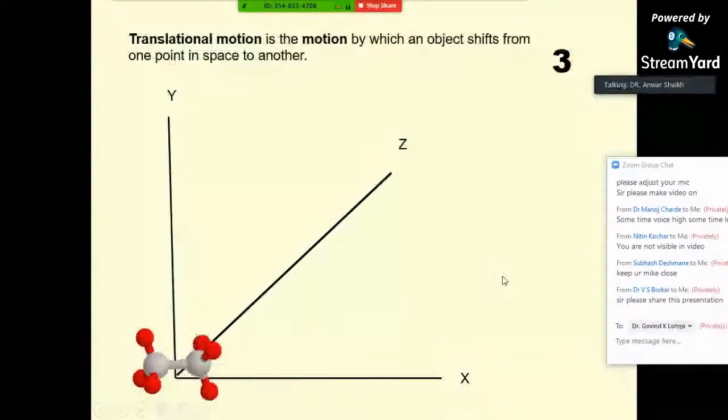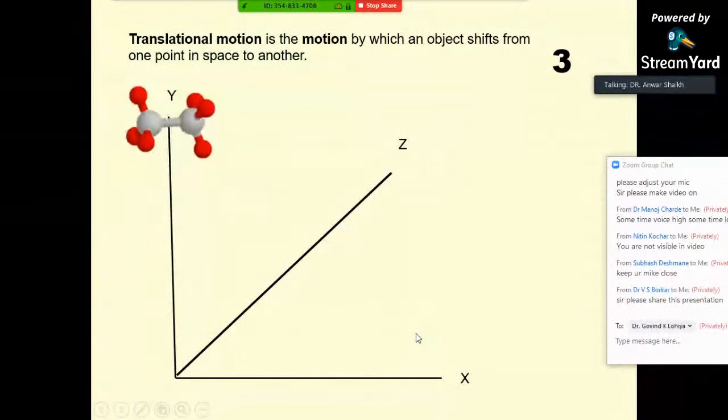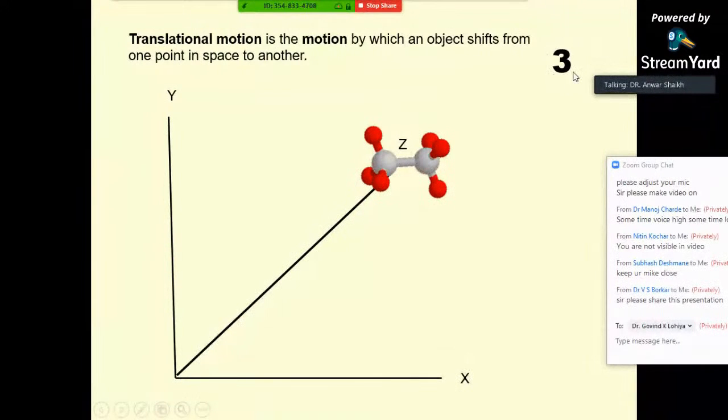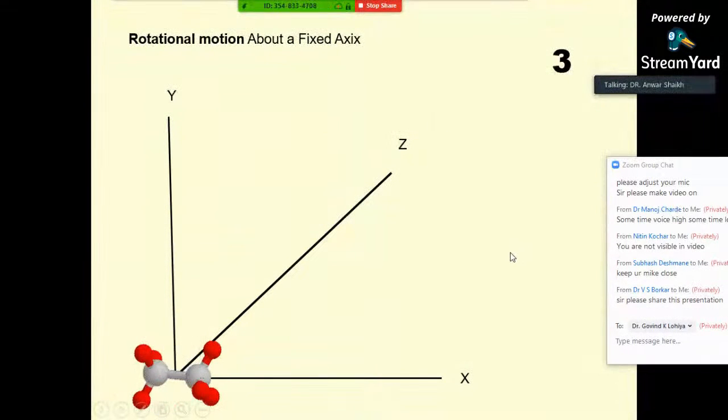But if you consider a non-linear molecule, it can translate along the y-axis, the x-axis, and the z-axis. So it has 3 degrees of translational motion, the same as the linear molecule. Now for the rotational motion of a non-linear molecule, it can rotate along the y-axis, the z-axis and the x-axis as well, because it is non-linear.